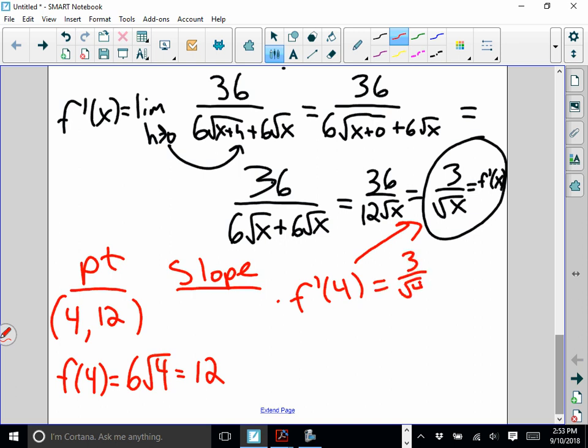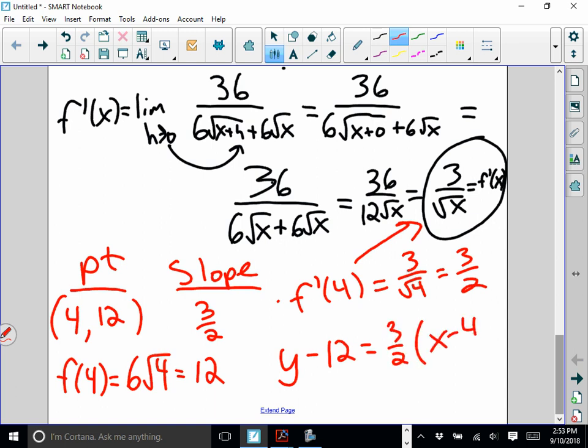So I know my slope is 3 halves. And I can quickly write my equation as y minus 12 equals 3 halves times x minus 4. And we're done. Okay, I want to do the second part of this limit definition of a derivative here. So let's take a look at that one.